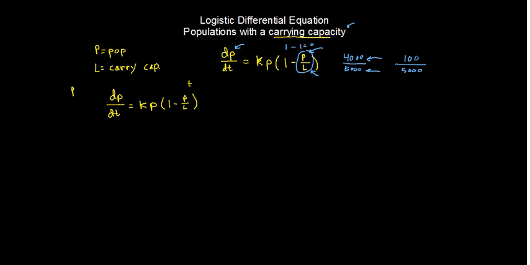So multiply by dt on both sides, and then it looks like we're going to divide by P times 1 minus P over L to both sides. Divide over here also, I'm not going to write it. You can if you want to.